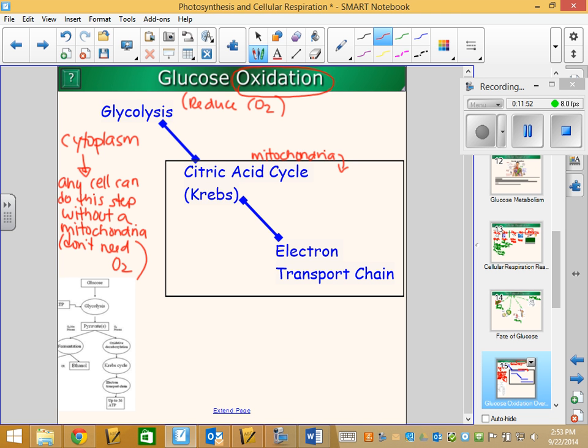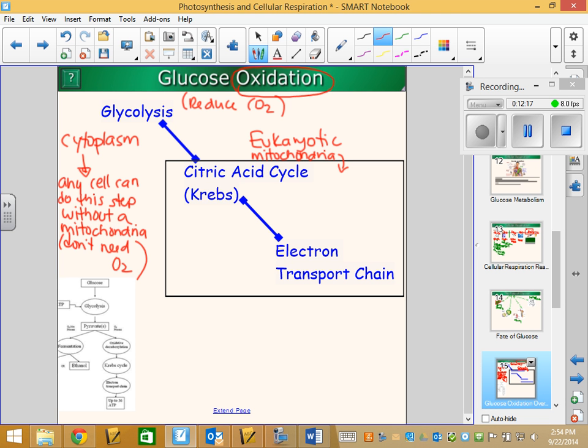Now the other 2 steps happen inside of a mitochondrion. That means that only eukaryotic cells can perform those other 2 steps. A eukaryotic cell, like a plant or an animal cell, has all of the organelles: nucleus, endoplasmic reticulum, ribosomes, and quite specifically mitochondria.